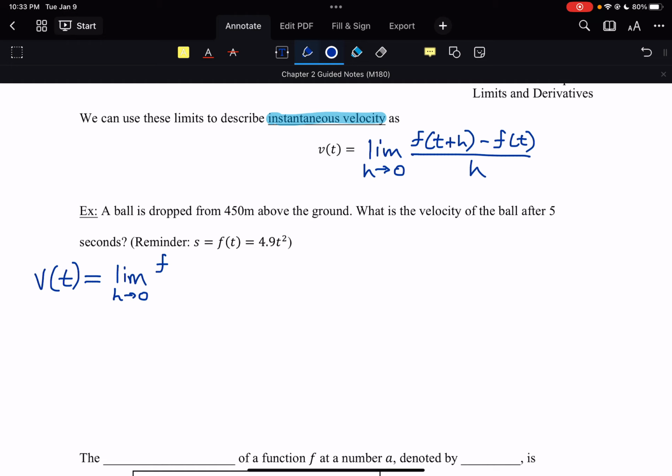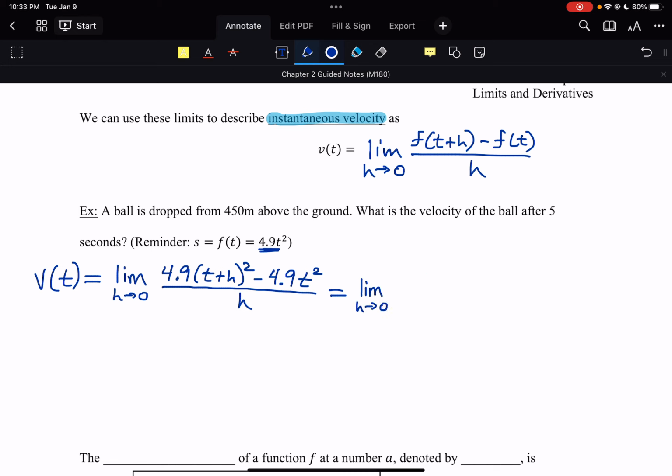So f of t plus h, let's go ahead and just put what that is here. So this is our formula, so that's 4.9 (t plus h) squared minus 4.9 t squared, all over h. And as we will see with so many of these types of problems, the simplification and algebraic manipulation is key.